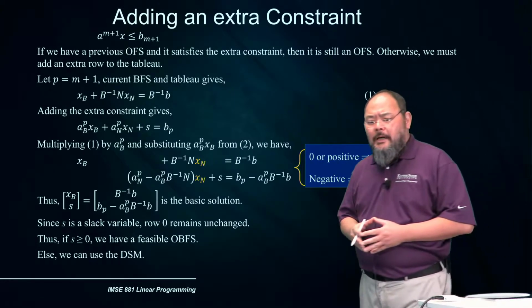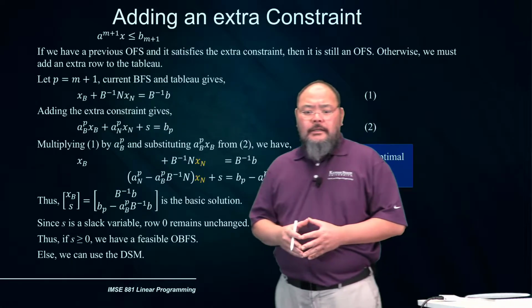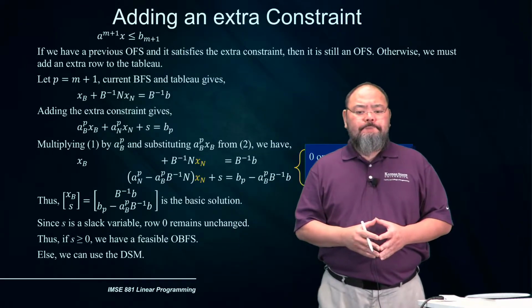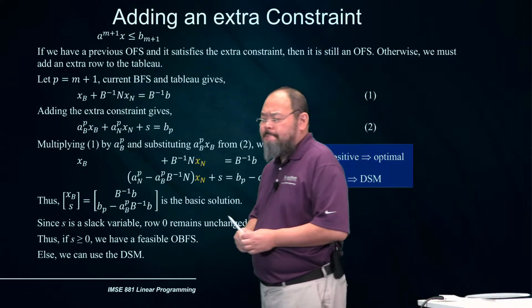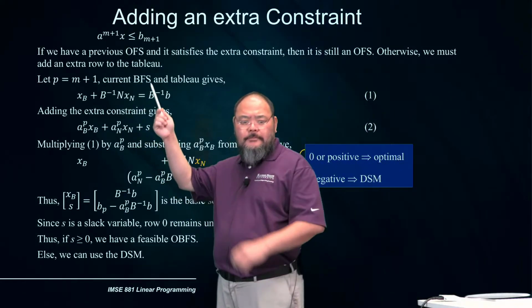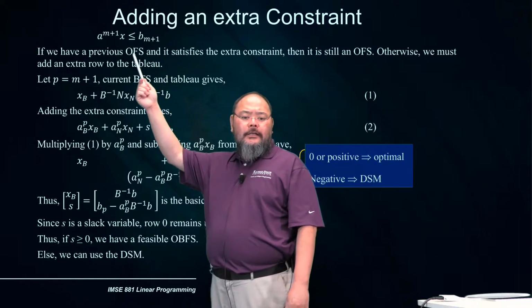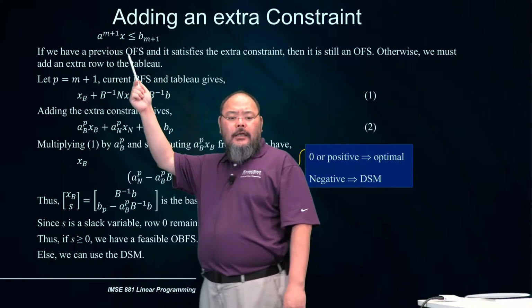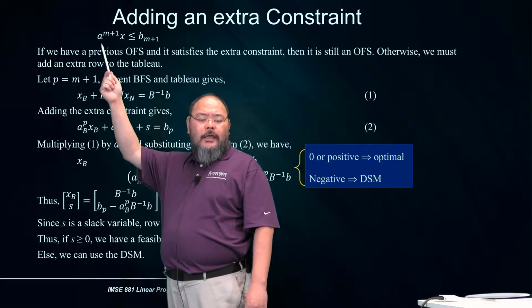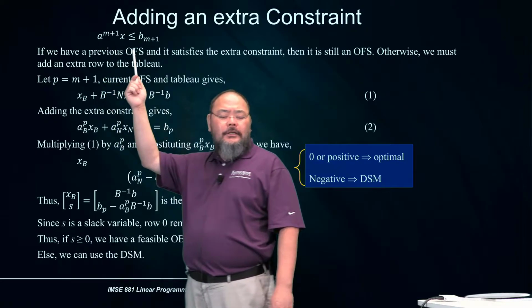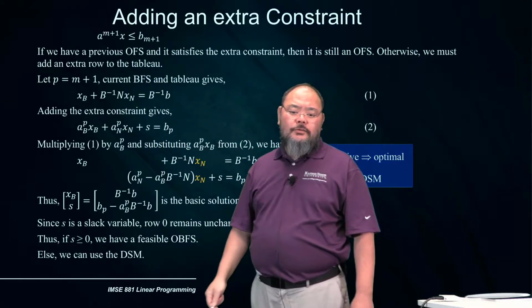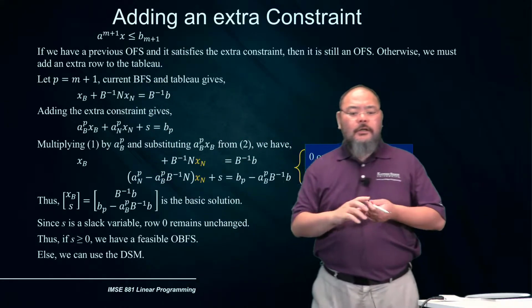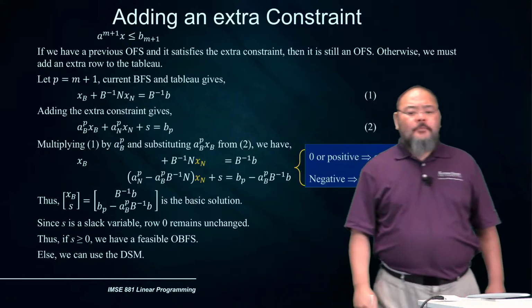Next, we're going to talk about adding an extra constraint. If I add another constraint, and we use this quite often in practice, a row of A, n plus 1 times x less than or equal to b, n plus 1, it's adding to the bottom of your simplex tableau.